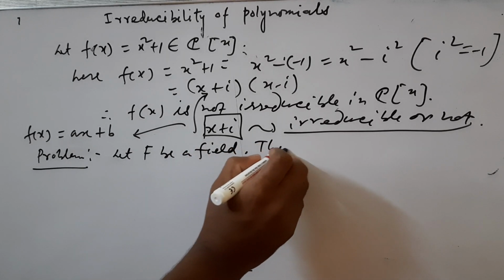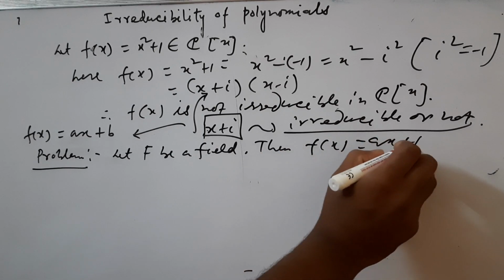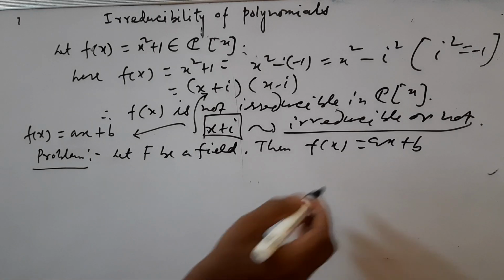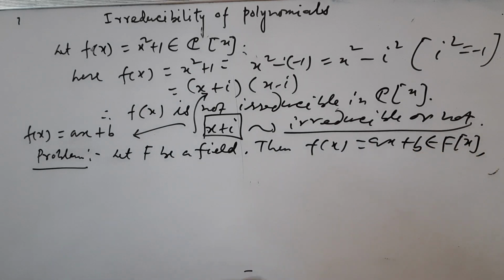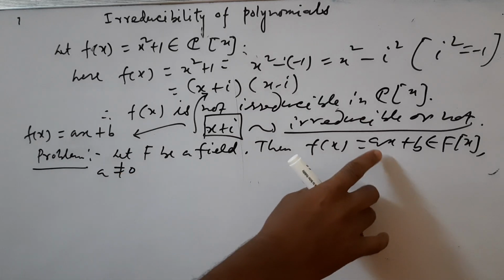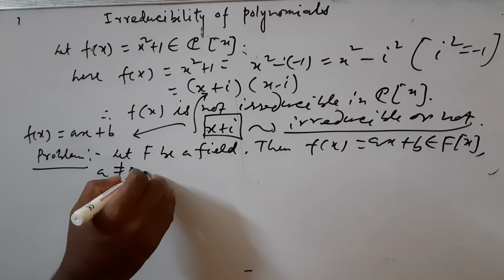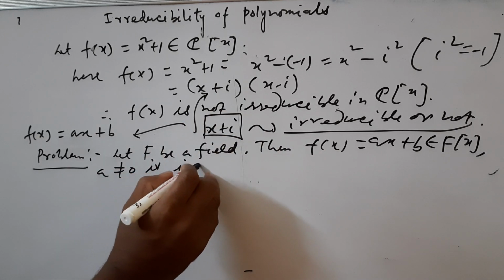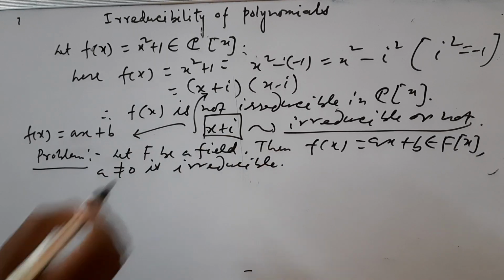Then f(x) equal to ax plus b is in F[x], and where a is not equal to 0, then this polynomial will be irreducible.